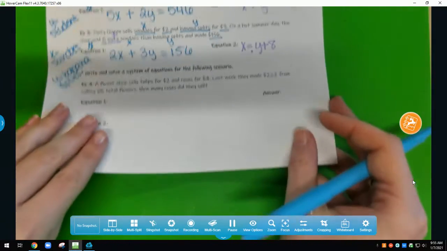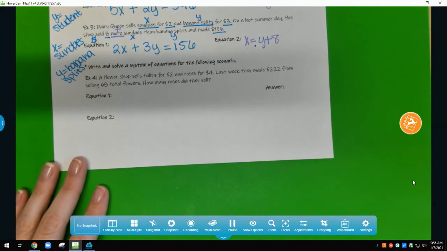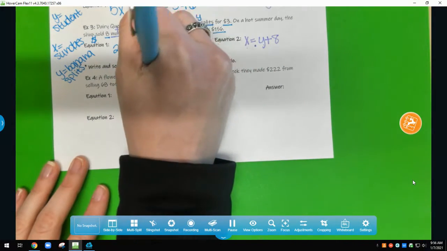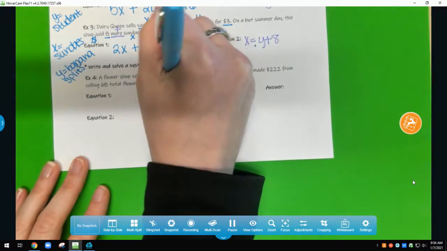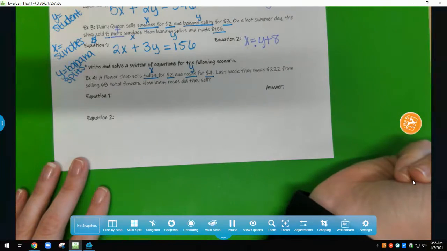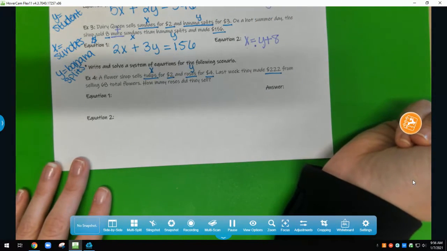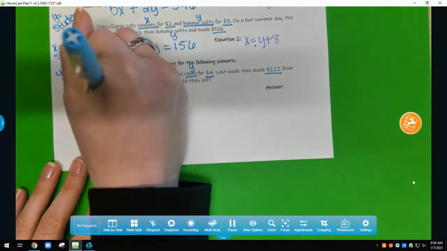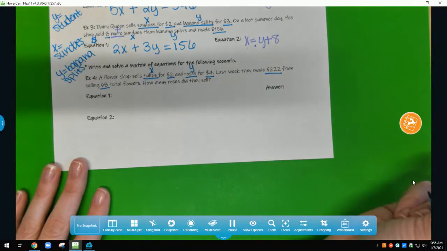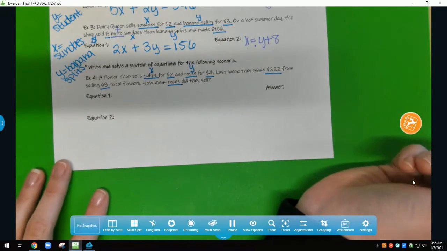Okay, the last one, we're going to set it up and solve it. A flower shop sells tulips, so that's first, so I'm going to make that x, for $2, roses for $4. Last week they made $222 from selling 68 total flowers. How many roses did they sell?